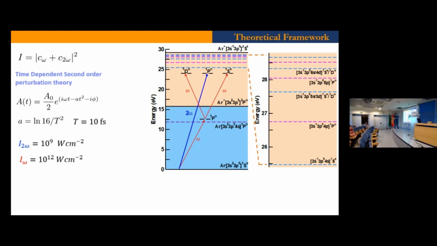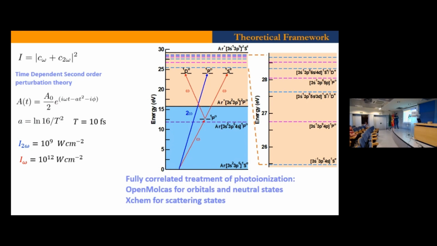If you want the 2 different quantum paths to compete, even though the interference should be visible anyway, you should crank up the intensity that you are using for the omega a little bit. Okay, so we can use quantum chemistry for everything that is below the ionization threshold, and some other methods for the ionization amplitudes.